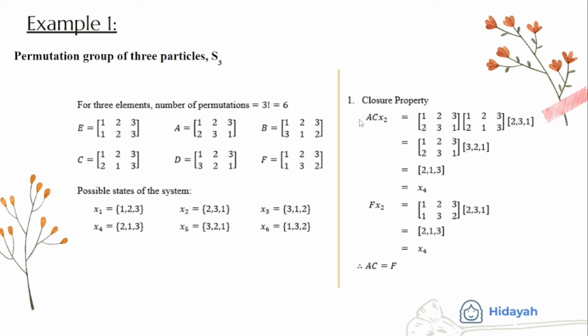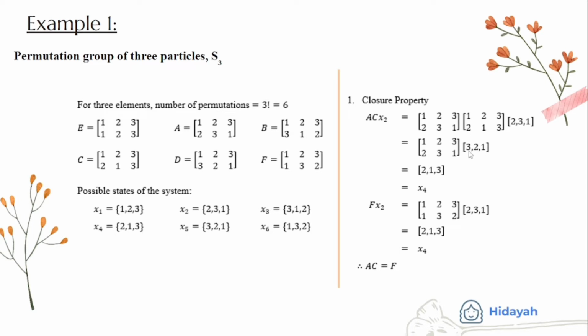So the first property is the closure property. Here we take the binary operation between a and c, and the binary operation is composition of permutations. Next, we put a c and x2. First we operate c and x2. How? First we replace the first element by the second element. What is the second element?